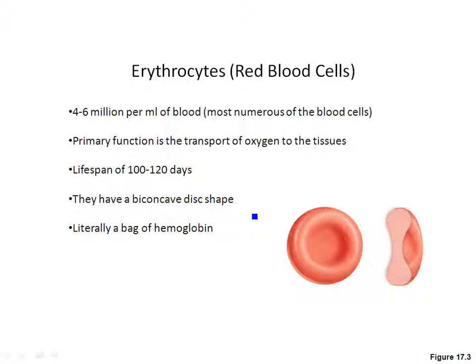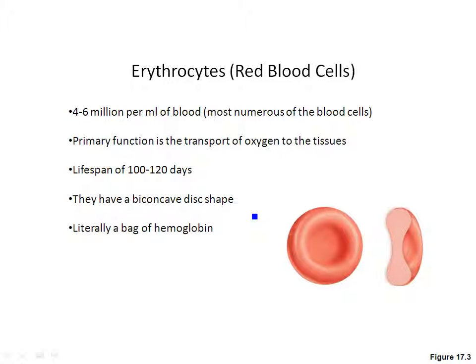If you look at the erythrocytes, if you take just a little milliliter of blood, you're going to have about 4 to 6 million erythrocytes, or red blood cells, in that one little milliliter of blood. They are the most numerous of all the blood cells. Their primary function is going to be oxygen transport.